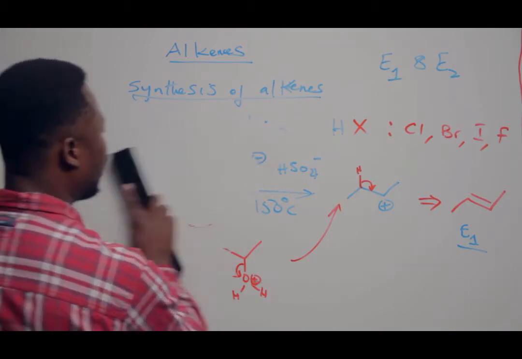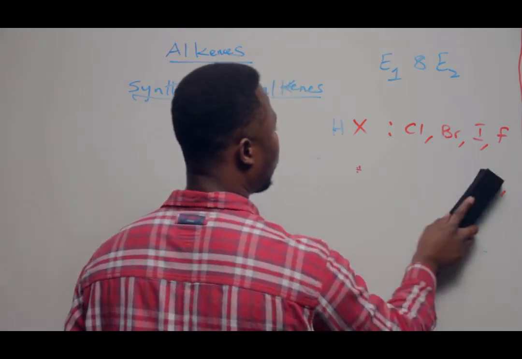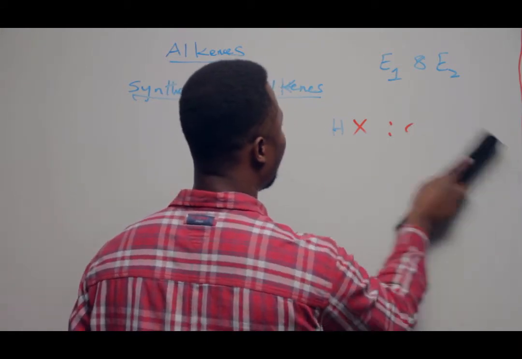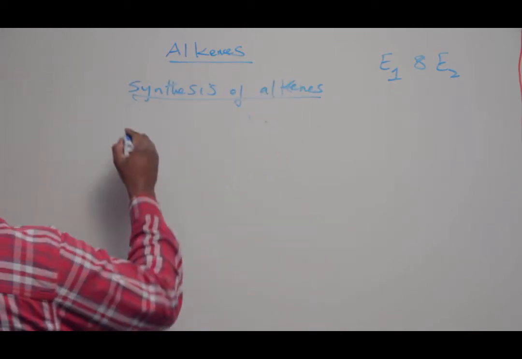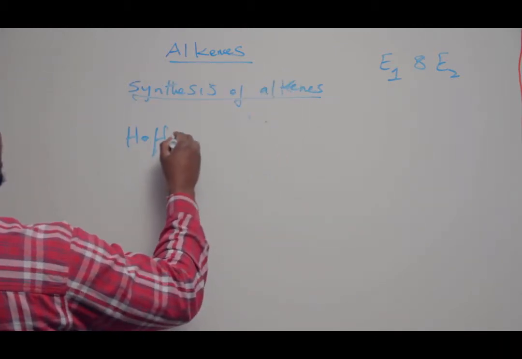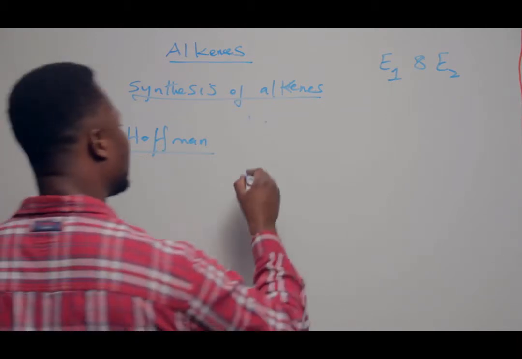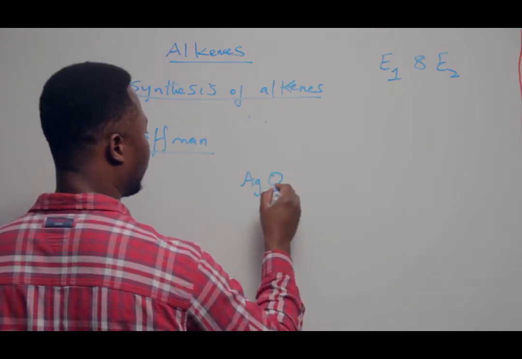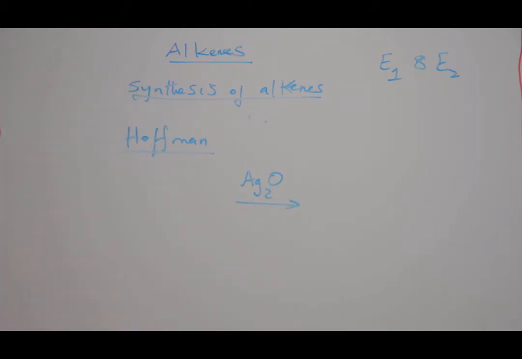There's another reaction I want to introduce called Hoffmann. It's called Hoffmann or Cope reaction. By this guy named Hoffmann. All right. Hoffmann is using silver oxide as a reagent. Right.